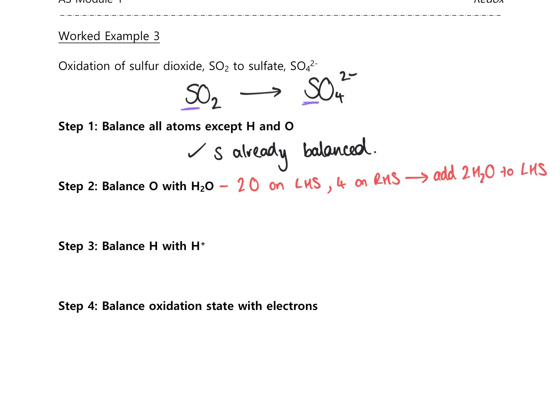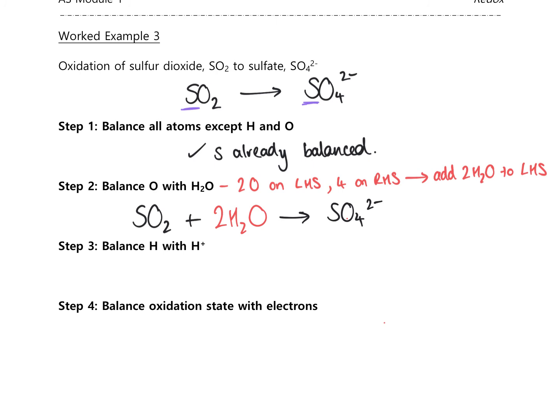There's already oxygen there, so you're thinking, how much more oxygen do I need? So that then becomes SO2 plus 2H2O, and you can see now my oxygens will be balanced, and that becomes SO4 2-. So you can count your oxygens up to check. You've got 4 on the left and now 4 on the right. Next step is to balance the hydrogens with H+ ions.